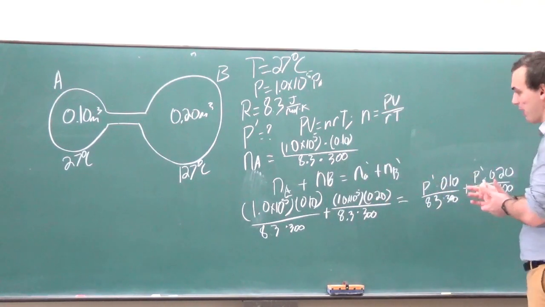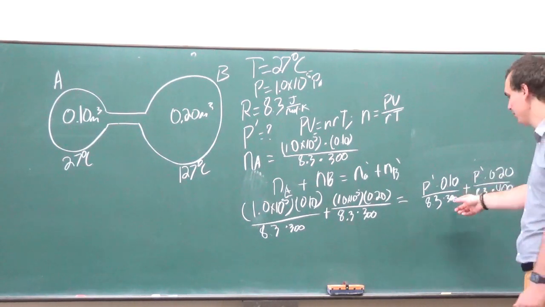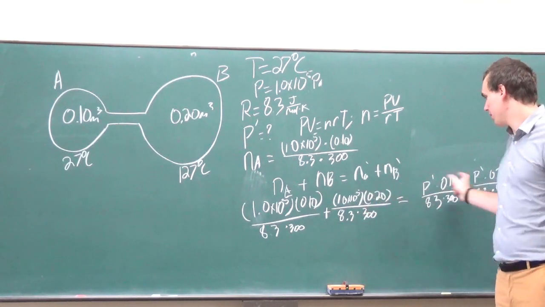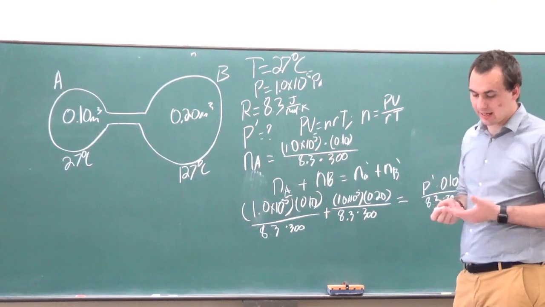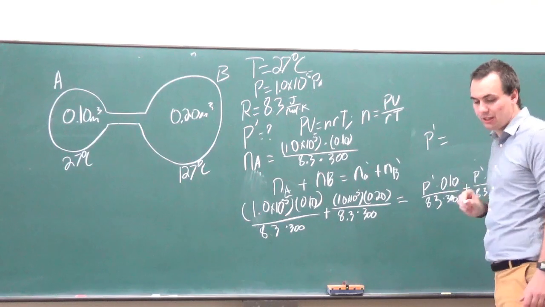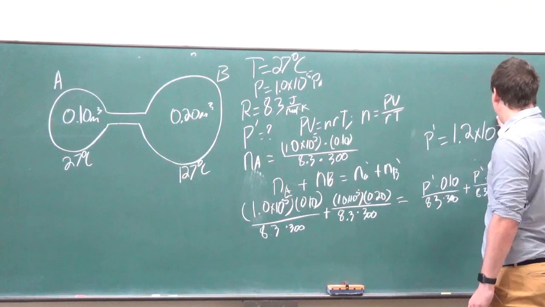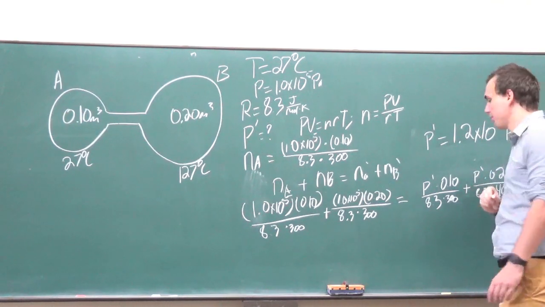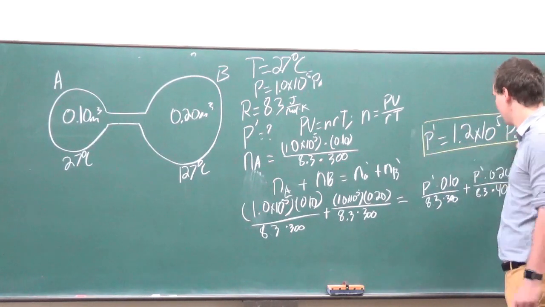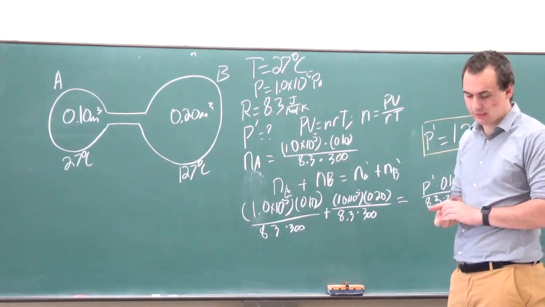When you do all of the math and all of the algebra, which basically consists of move those over there, move those over there, divide, divide, you're going to get a pressure equal to 1.2 times 10 to the 5th pascals. Because all you have to do is solve for P prime.